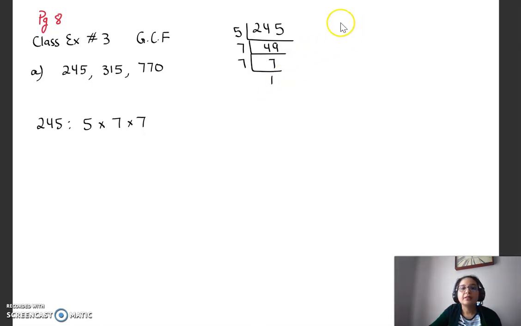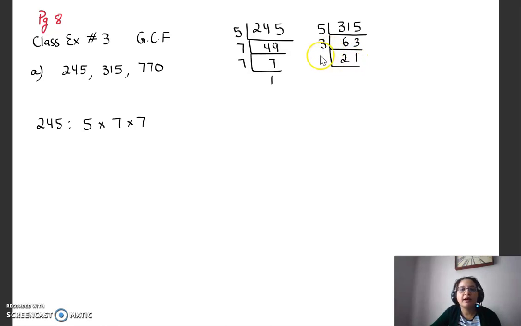Okay. And then 315 is another number that ends with a 5, so that will also be divisible by 5. This gives 63. And then this can be divided by 3, right? And that will give me 21.